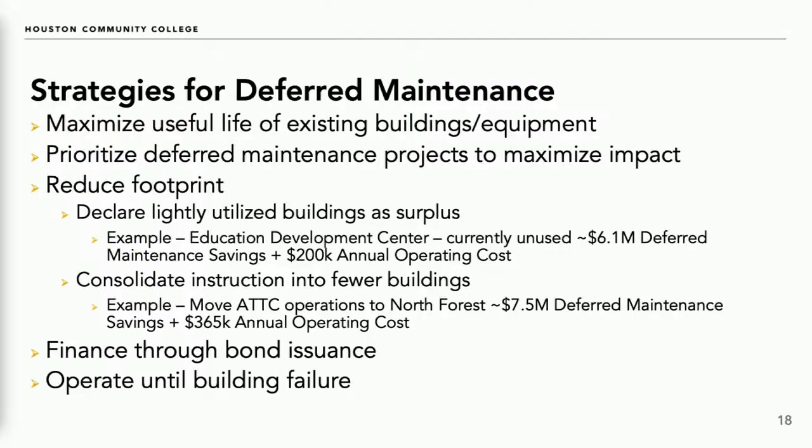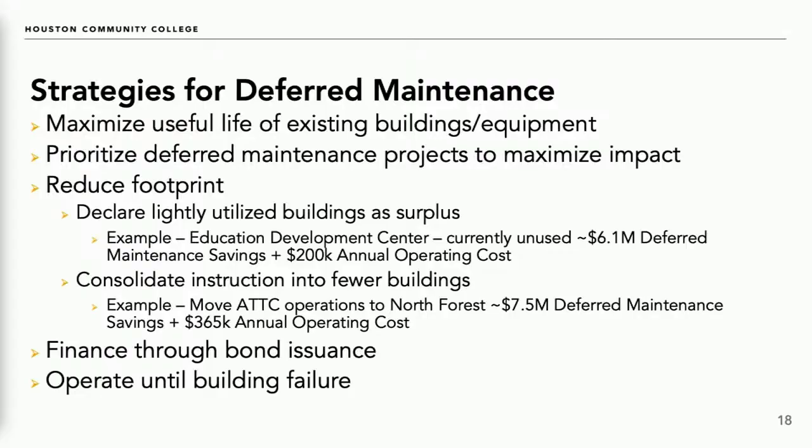We can reduce our footprint, and there are a couple of ways to do that. These are not recommendations, just examples of what you could do. If you have an educational development center, which is not used as heavily as it was, you have a deferred maintenance savings. You also have an operating cost savings. But to make that change requires a whole lot of changes on the instructional side and working with the Central College President.